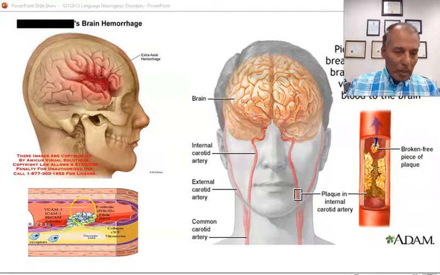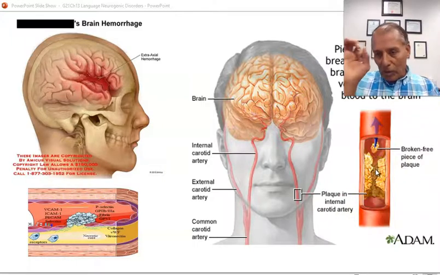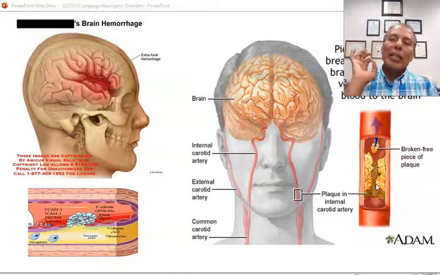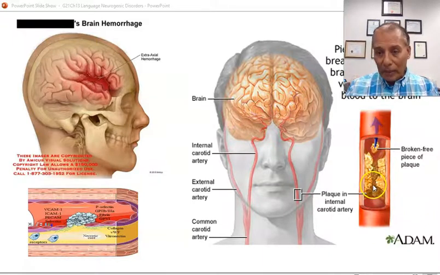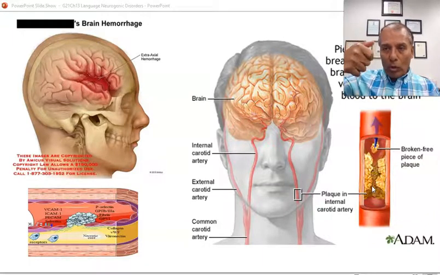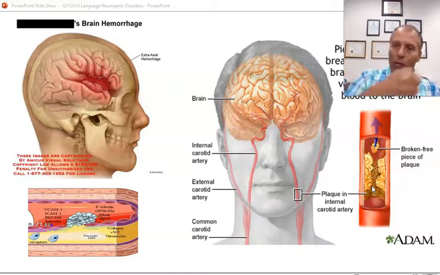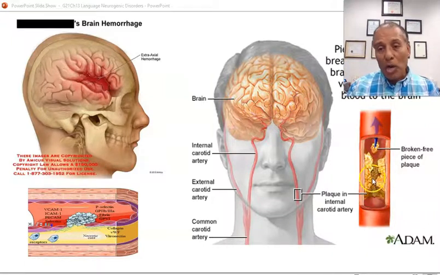Because the walls of the artery are now constricted, the pressure of the blood is increased in this area particularly. So like a hose, when you put your thumb on the hose, the water is going to shoot farther away and it will have greater pressure.